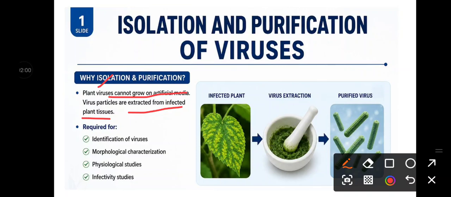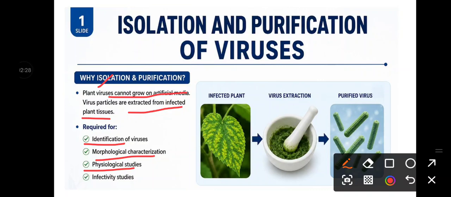Why is this extraction and purification needed? Because of the identification of viruses, for morphological characterization, and for physiological studies, like physiological characteristic studies of the virus. You might have heard about longevity in vitro, then the dilution end point. So physicochemical characteristics are specific for specific viruses.